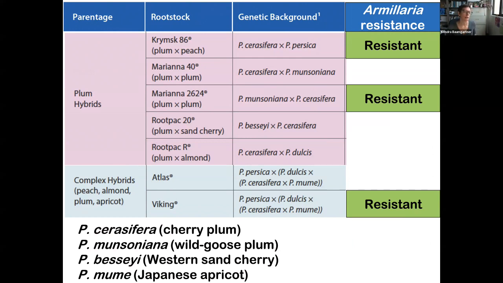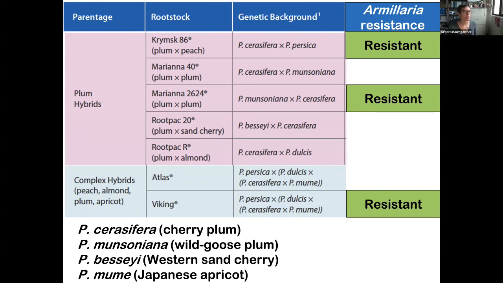These are very distant relatives of the cultivated plum, which is Prunus salicina. These are plums you've never eaten. They're wild relatives of plum. Prunus cerasifera is something, though, that all of these plum hybrids have in common. And two of those that I've screened to date, Krinsk 86 and Mariana 2624, are resistant to Armillaria root disease.